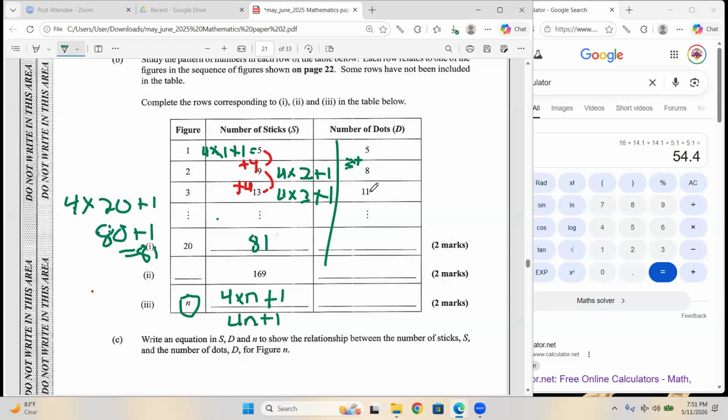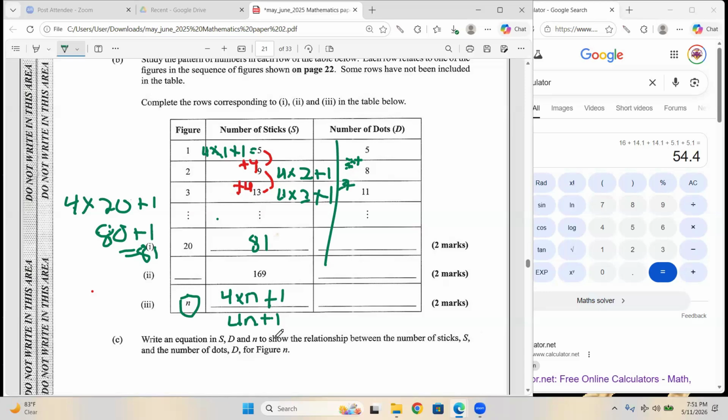And the difference between 11 and 8 apparently is 3 as well. 8 and 3 is 11. So 3 was added here as well to give us 11. So we see the number 3 repeating. So we could use that in our formula.